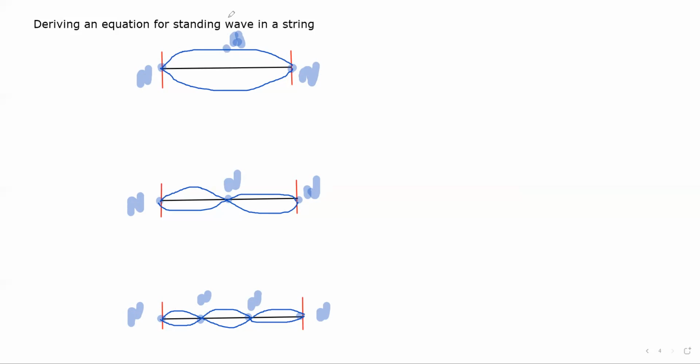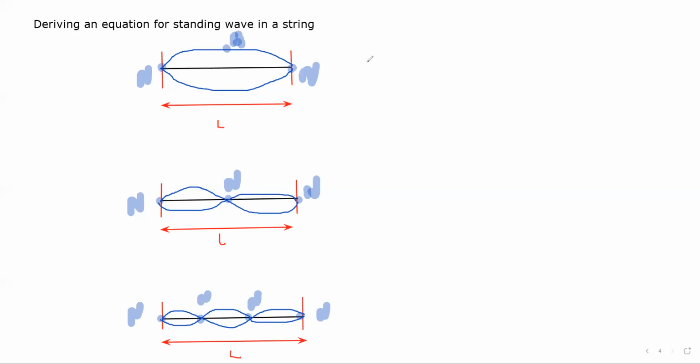This is the same string vibrating in different patterns. It might vibrate in one loop, in two loops, or in three loops. So the length is L. This length is also L, and this one is also L.